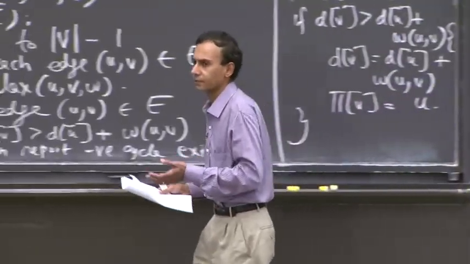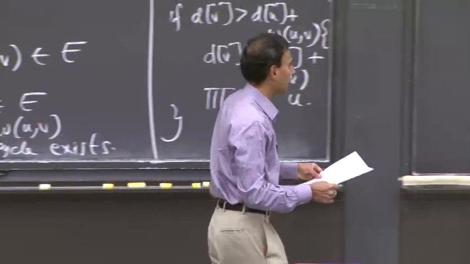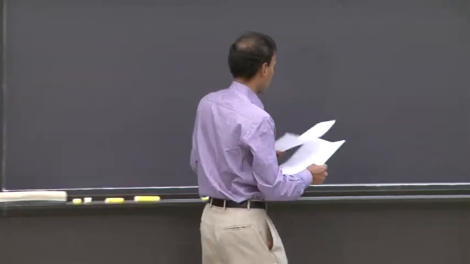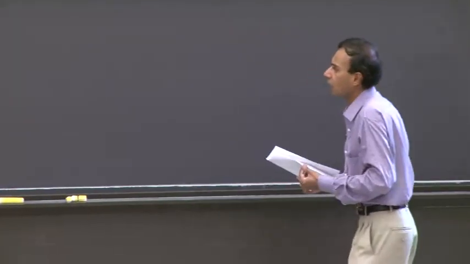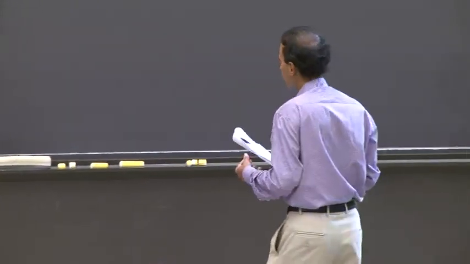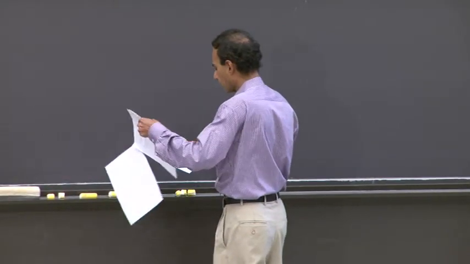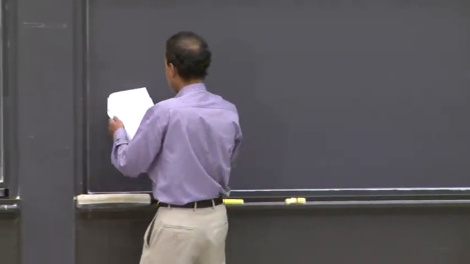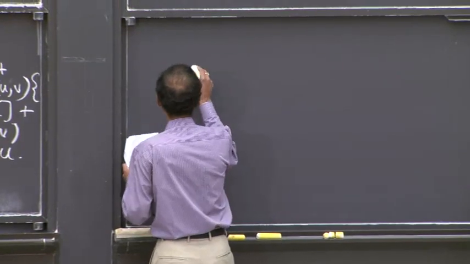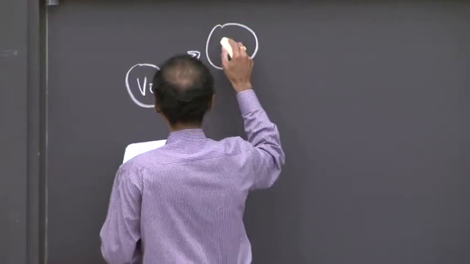So one of the first things that we have to do in order to prove this theorem is to think about exactly what the shortest path corresponds to in a generic sense. So when we have a source vertex S and a particular vertex V, here's the picture that we need to keep in mind as we try and prove this theorem.